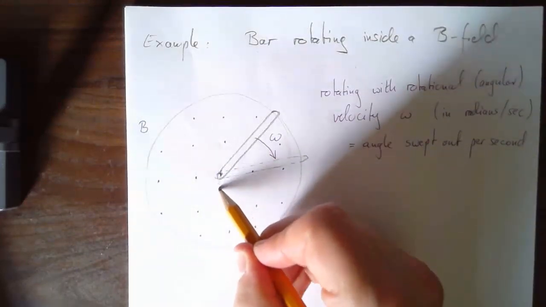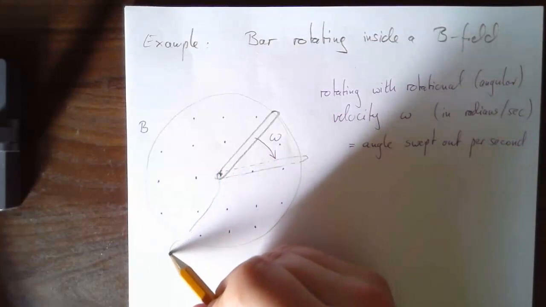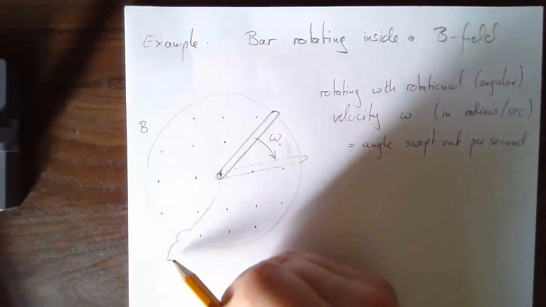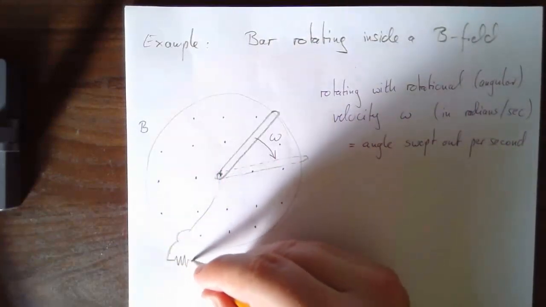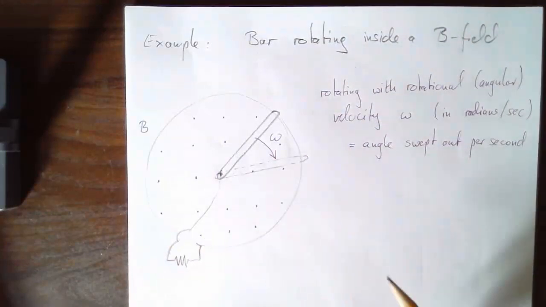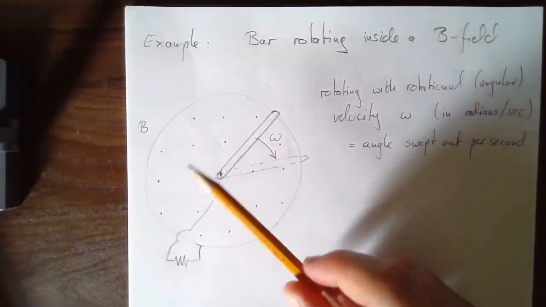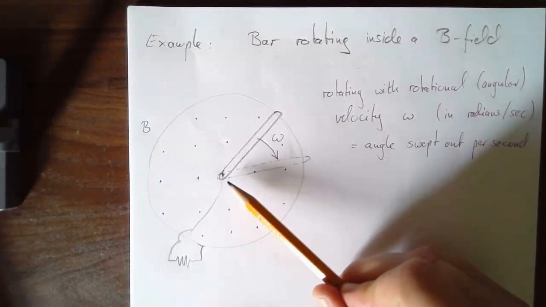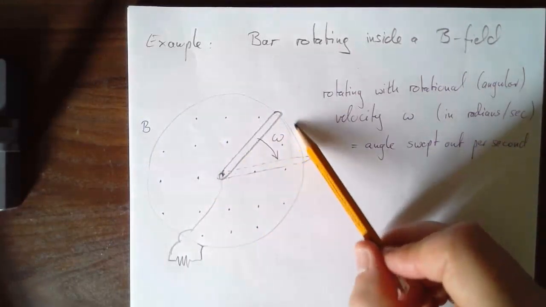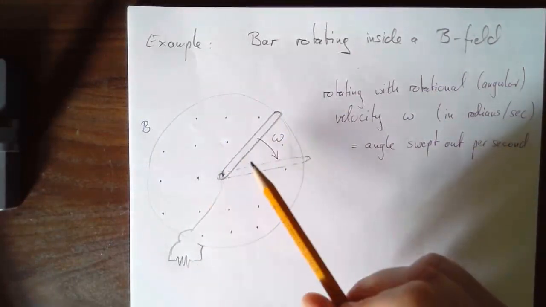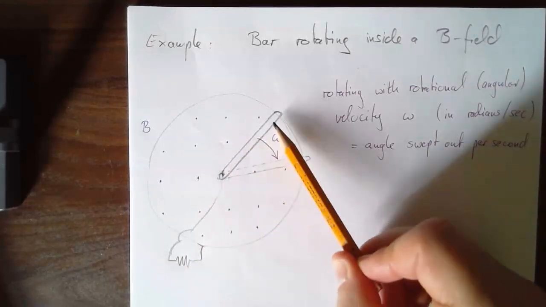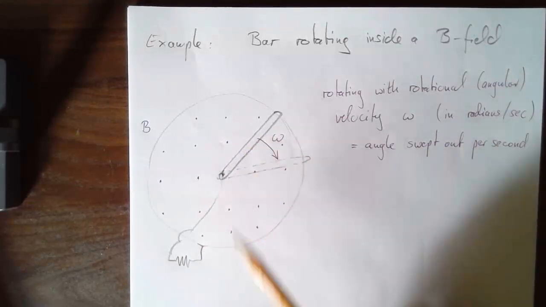Imagine this goes underneath, just like this. There's some resistor here, and then it hooks up to this rail. So this makes sense to you, right? Or I could just say this thing is rotating without any cables attached, and then we're going to get a potential difference between out here and in here.